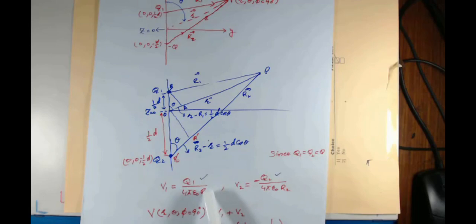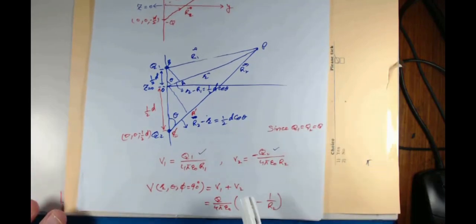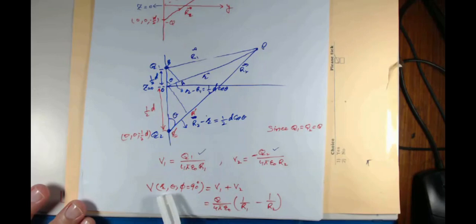According to Coulomb's law, actually Coulomb's law is linear, so we can easily add the two potentials due to Q1 and Q2 at point P using this relation, that is V at position R, theta, and phi equal to 90 degrees equal to V1 plus V2.